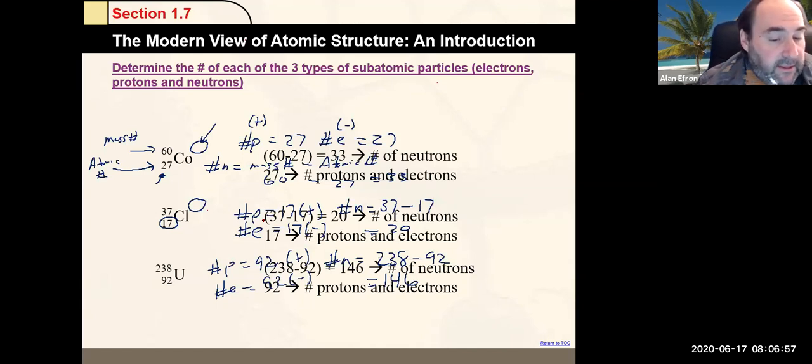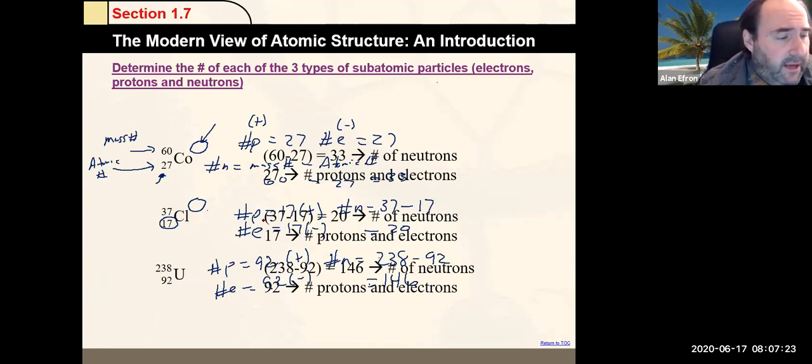Towards the end, where we finished up last time, we talked about the idea of atomic number, mass number, and isotopes. Remember that the atomic number is the number of protons that you find in an atom. That is the definition of it, which is actually just the number of protons. It is not protons and electrons.